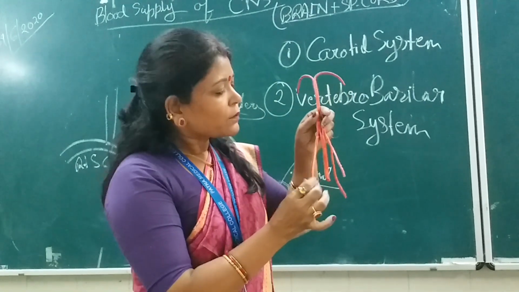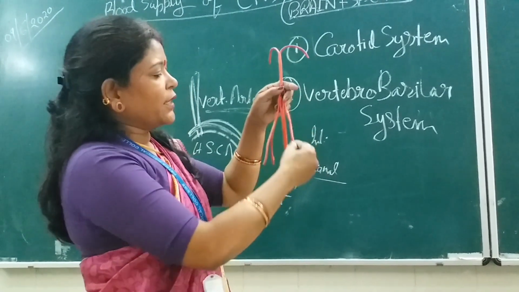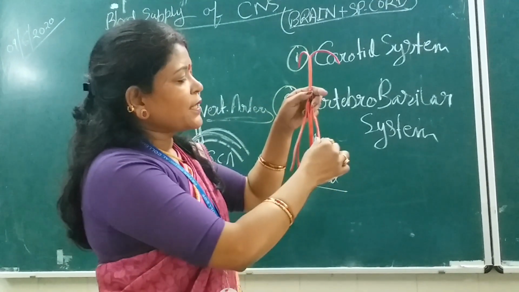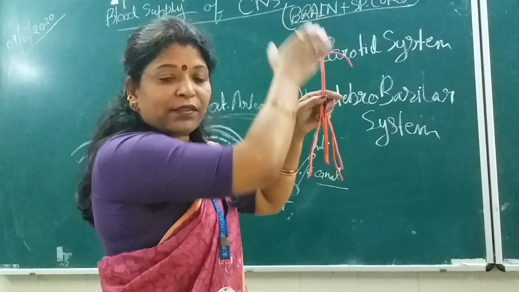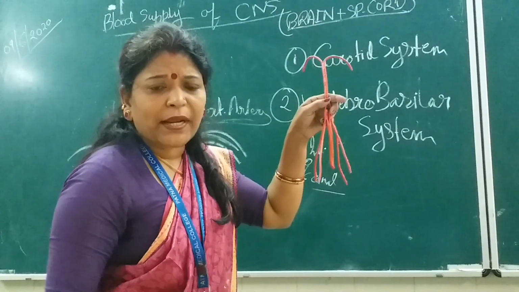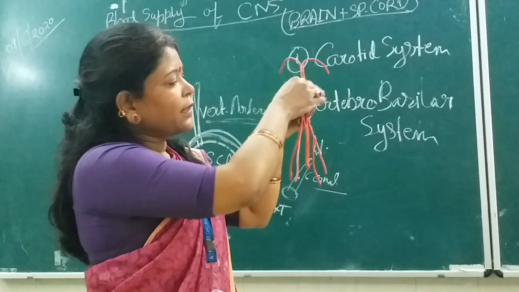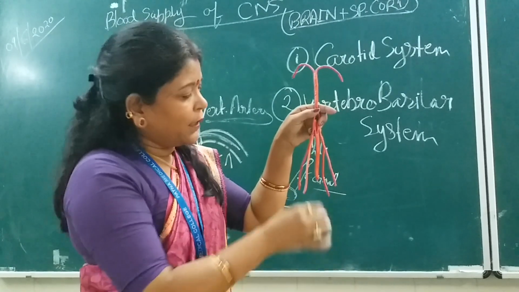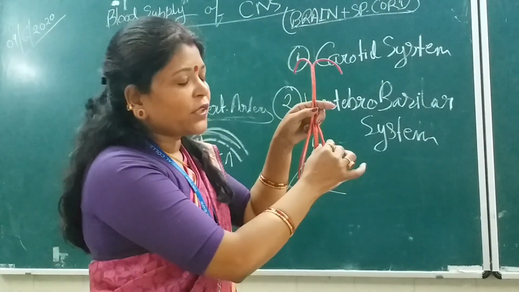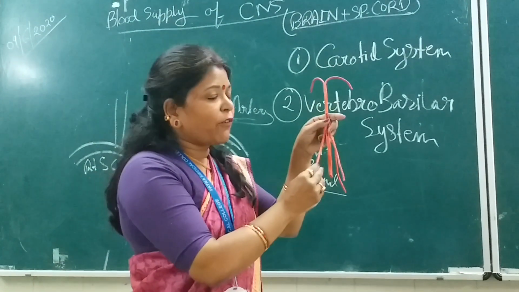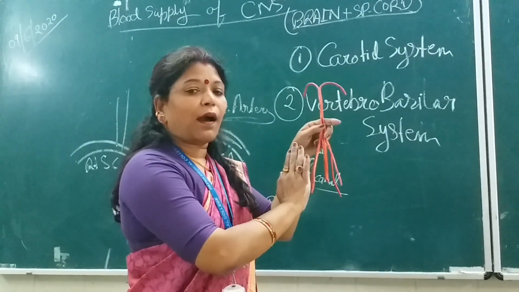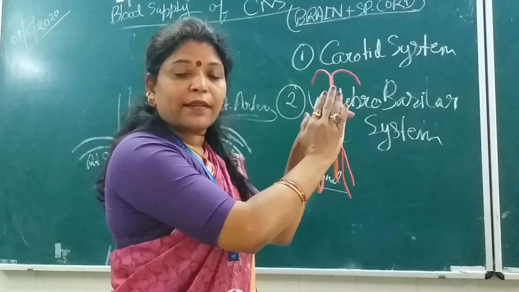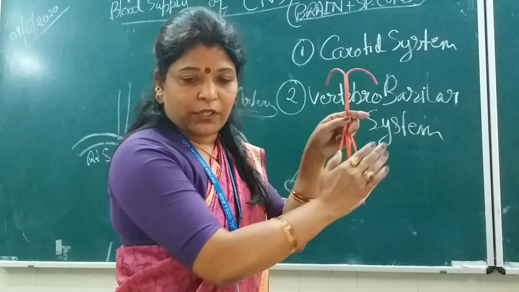Look here. Now this vertebral artery runs over the brainstem. What are the parts of the brainstem? The midbrain, the pons and the medulla oblongata. So I am asking only about the vertebral artery. What will be the course of the vertebral artery in relation with the brainstem inside the cranial cavity?